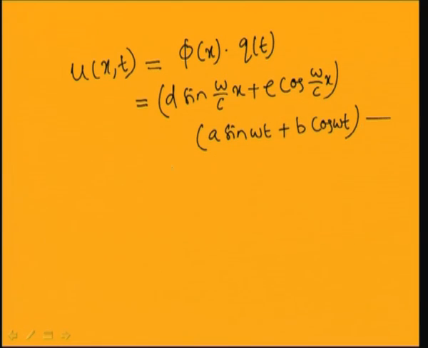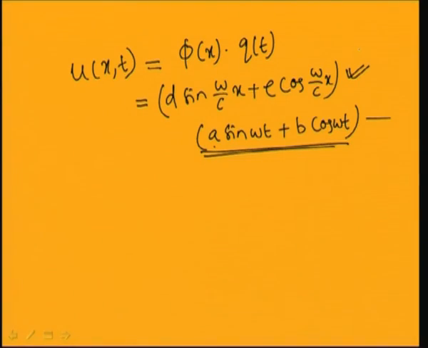At t equal to 0, one has to know what is the displacement of the system and what is the velocity of the system to determine this A and B, and also one should know the boundary conditions to determine this D and E.